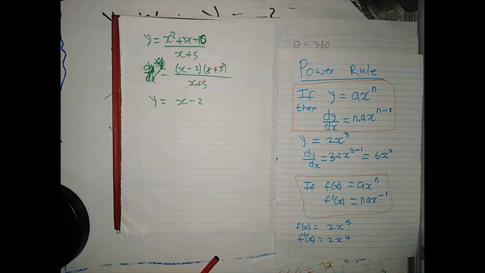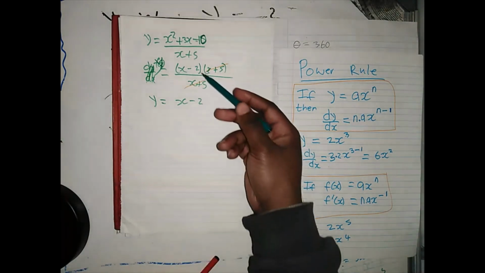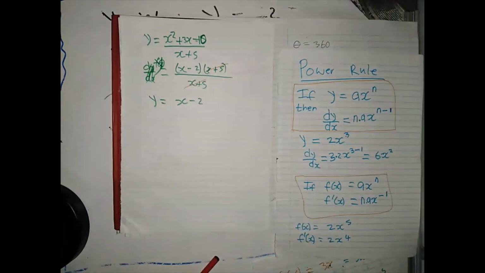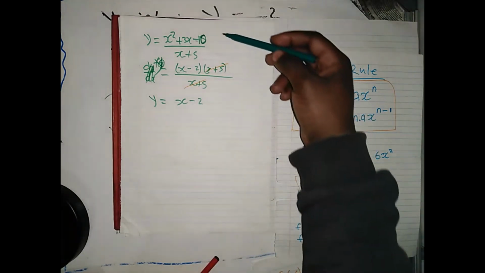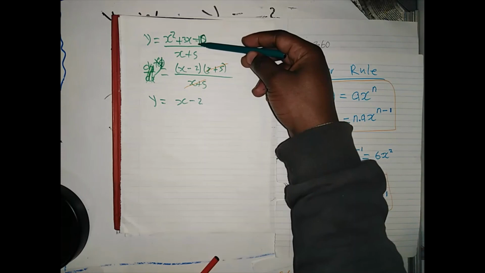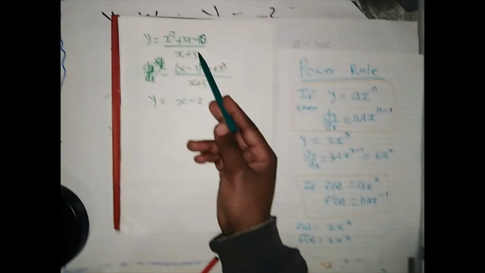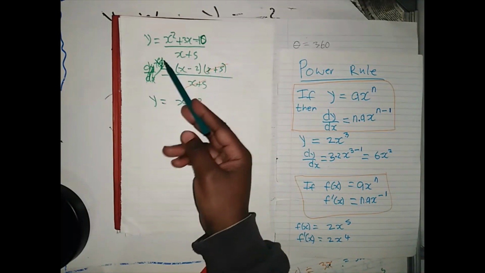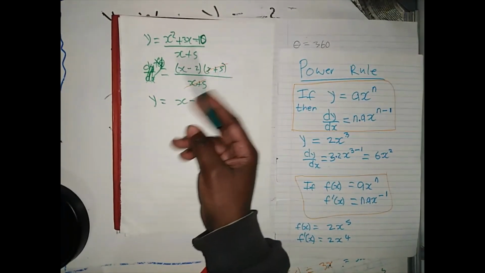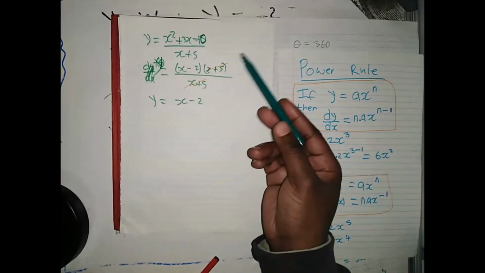Okay guys, I think I need to emphasize this. There is a mark for the things that you do here, so it's not going to be a job that you do and then nothing happens. When we as teachers give you this, we know that you are supposed to divide things here, so we give you a mark for that.